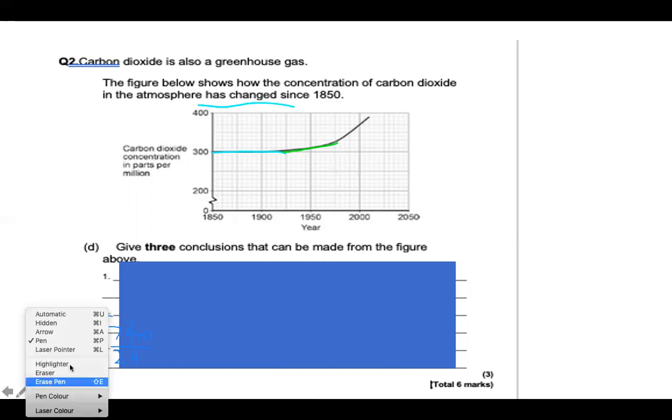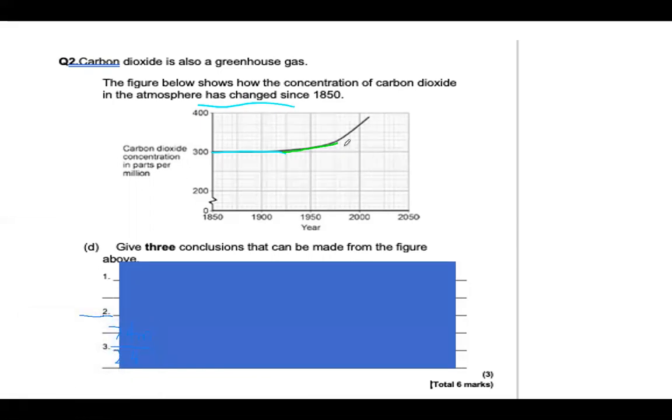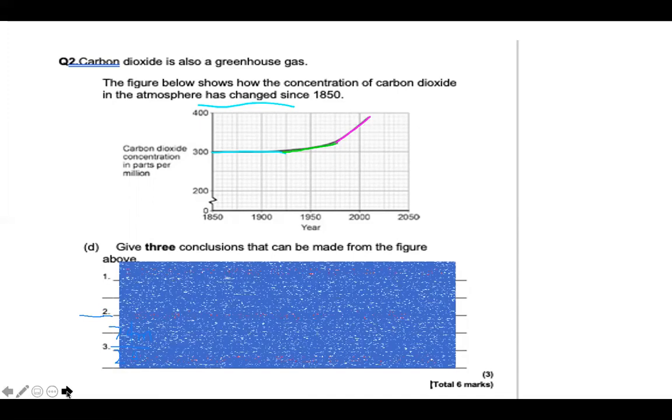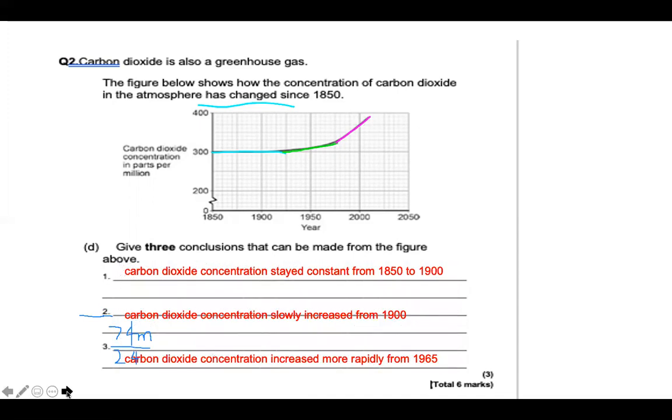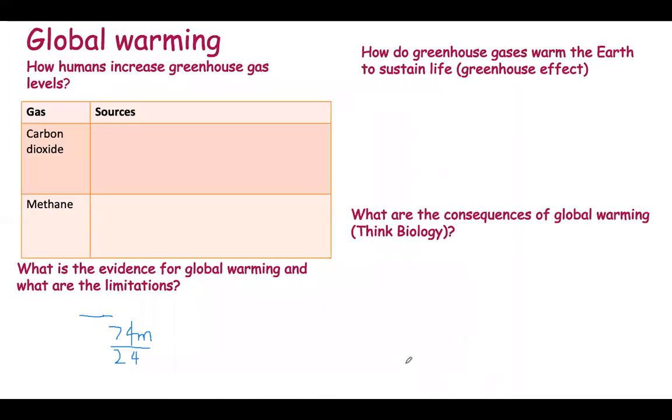And then it increased at a fast rate from about 1975 until now. Okay, so these are conclusions that you can make. Okay, so look, that's 1965. I didn't do very careful working at the time, but anyways, you can see the general gist.